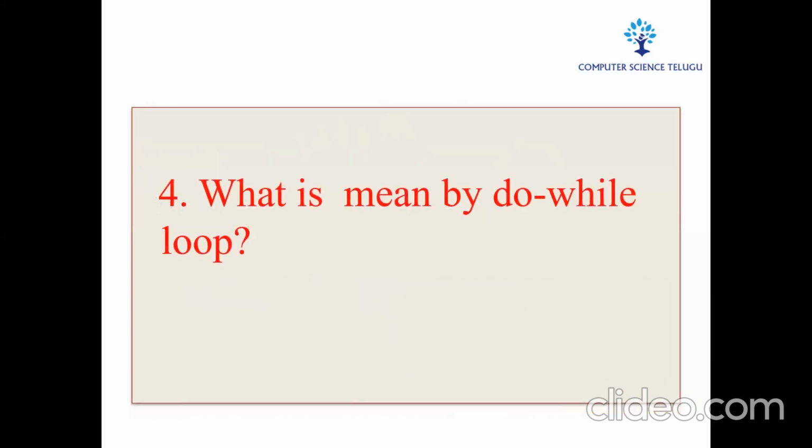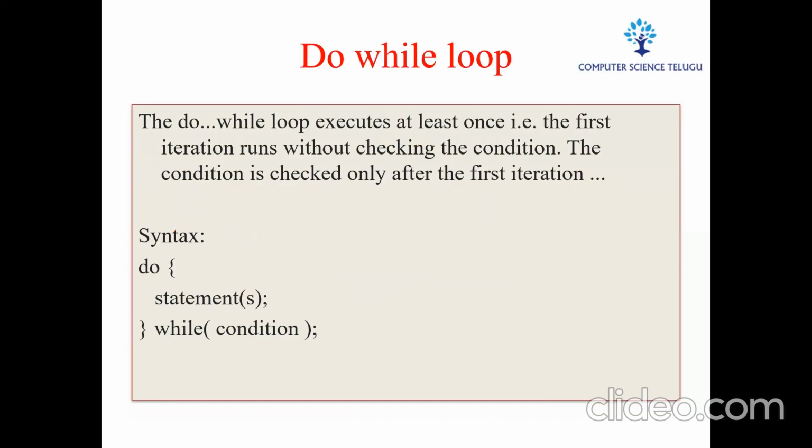Next, what is meant by a do while loop? A do while loop executes at least once; that is, the first iteration runs without checking the condition, and the condition is checked only after the first iteration.